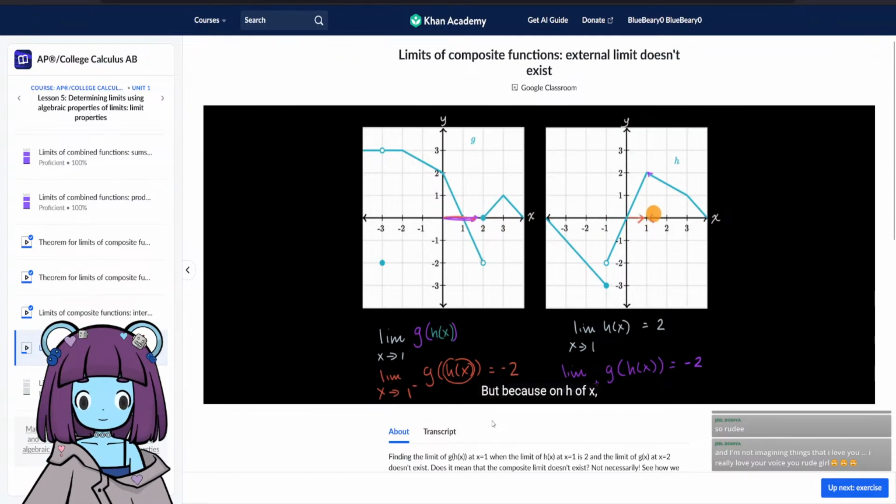It does not exist. Okay. On G, because of both situations, we're approaching -2. It's gonna be our limit.